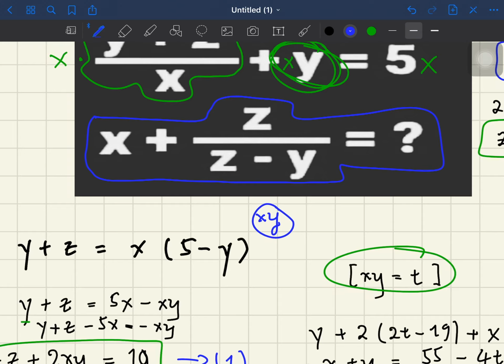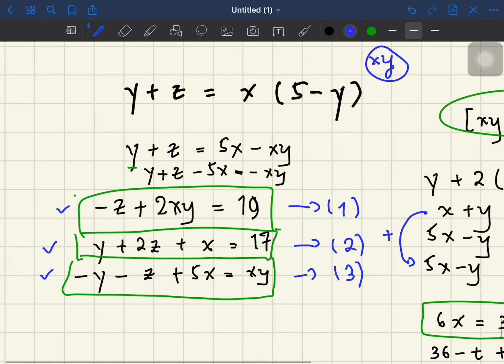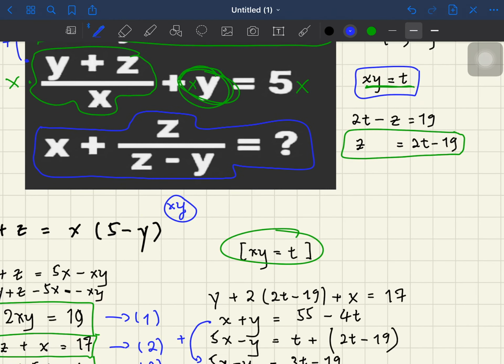Okay, so how am I going to get everything? That's the reason why I try to solve for x, y, and z in terms of xy, which is the t. So I have solved for z, which is z equals 2t minus 19.